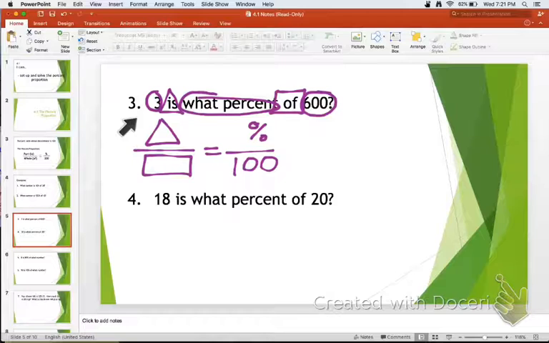So now I'm going to start reading, and I say 3 is next to the word is. Is is my triangle word, so 3 goes in my triangle here. Now, what percent? Well, I don't know what that is, so that's my x. So that means my x is going to go next to the percent sign this time. Of is my rectangular identifying word. It's next to 600, so 600 needs to come down into my rectangle. Now I do the cross products.